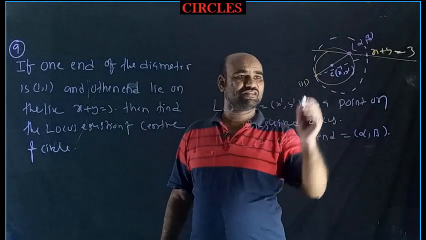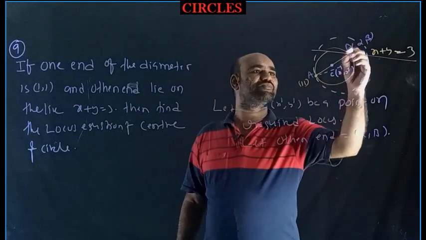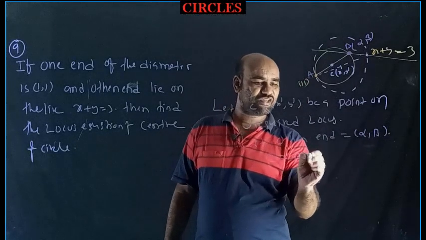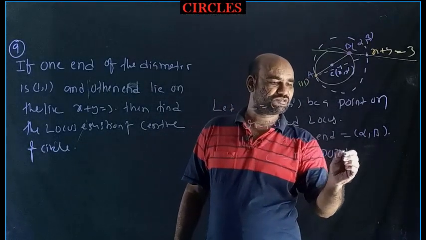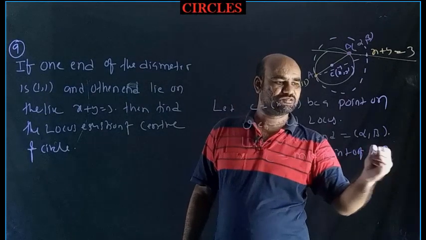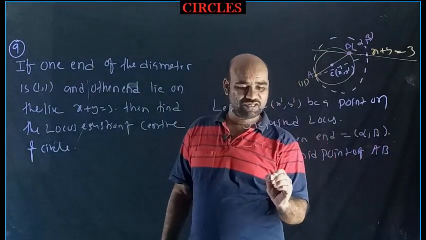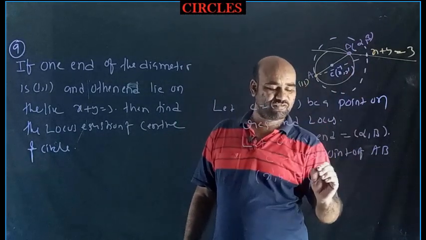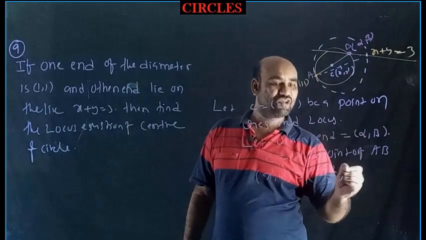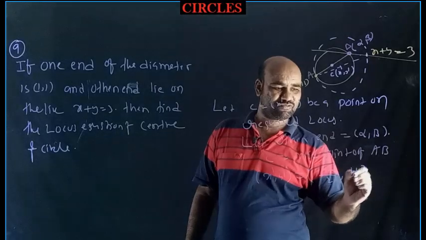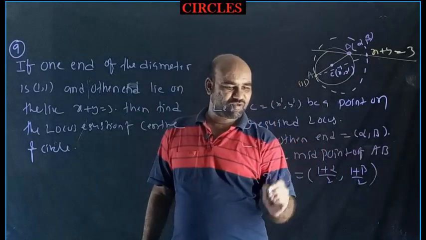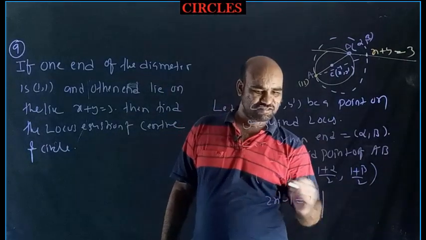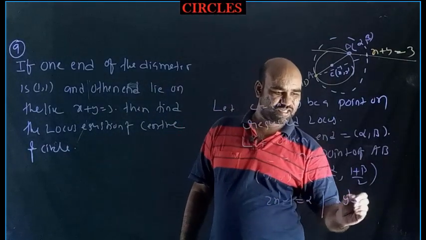So what happened? Say this is A and this is B. C is the midpoint of AB. C, meaning (x dash, y dash), is the midpoint: ((1 plus alpha) by 2, (1 plus beta) by 2). What happened here? 2x dash minus 1 equal to alpha, 2y dash minus 1 equal to beta.